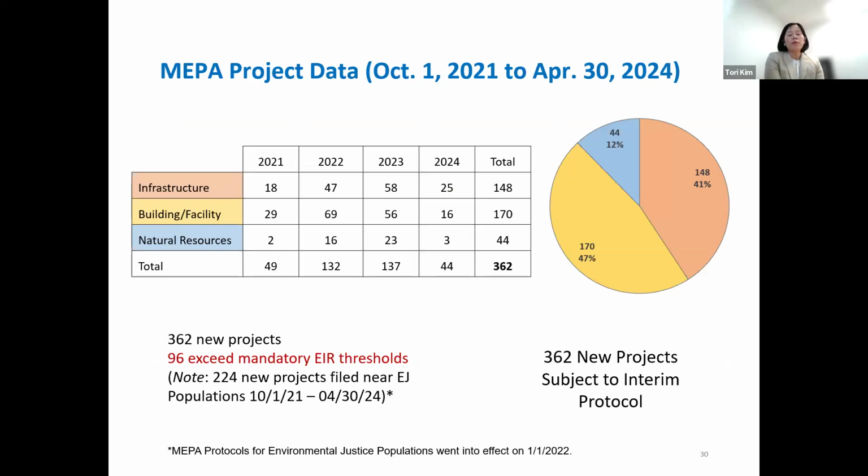So, an overview of the projects that we've looked at. This was a requirement that was applied to new project filings effective October of 2021. So we've received about 362 new project filings. 96 of those exceed what we call the mandatory EIR thresholds.